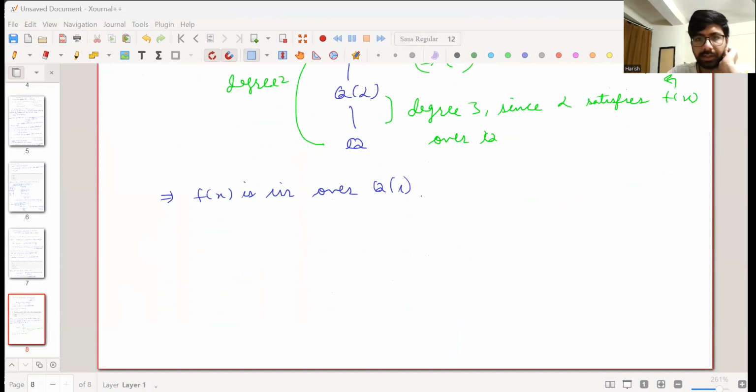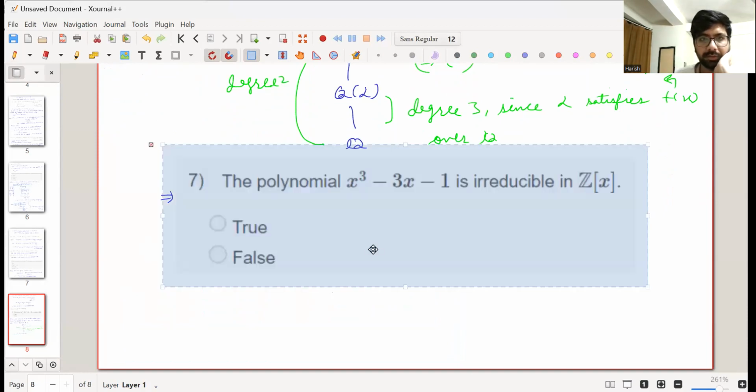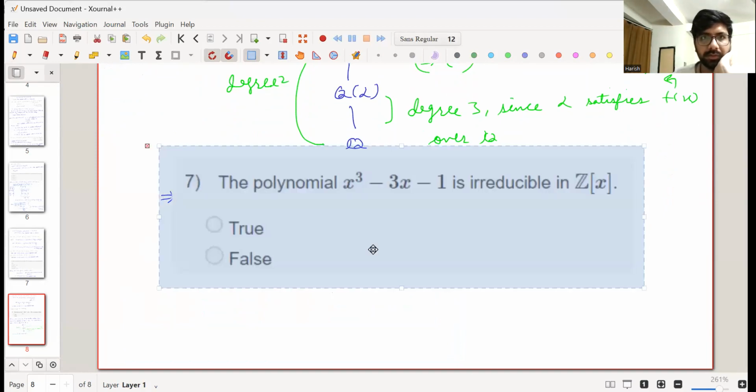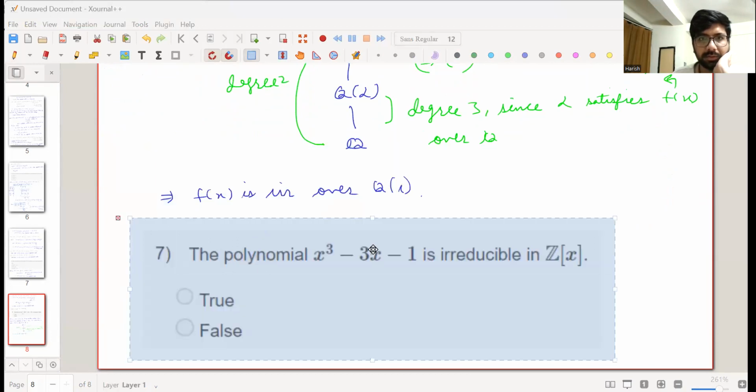The next question is interesting. I will give some hints. No, roots in Q(i) or Q do not have the same meaning.